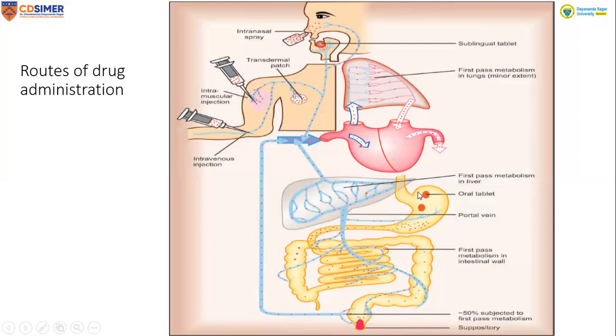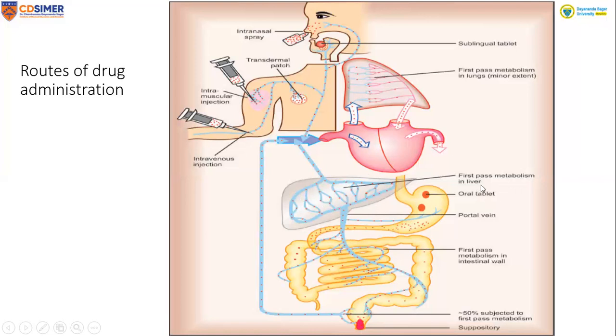The drug entering into gastric contents gets into small intestine, large intestine, and on the way it can get absorbed into the portal circulation. From there it gets into the liver.